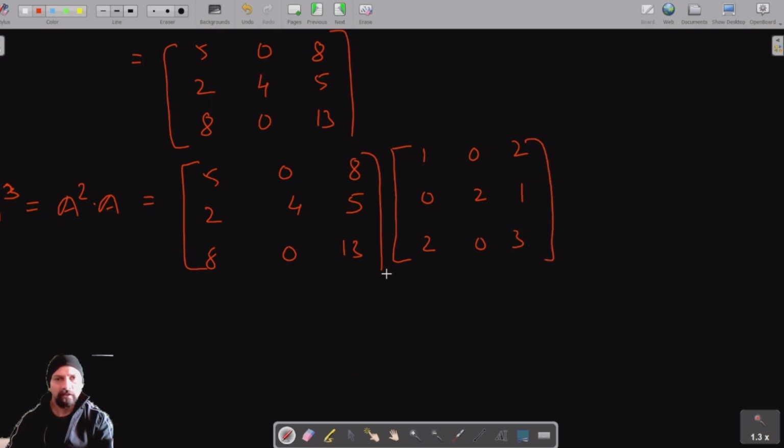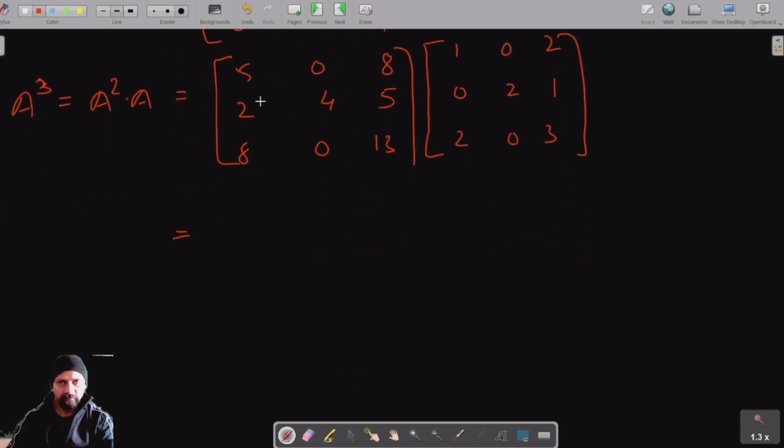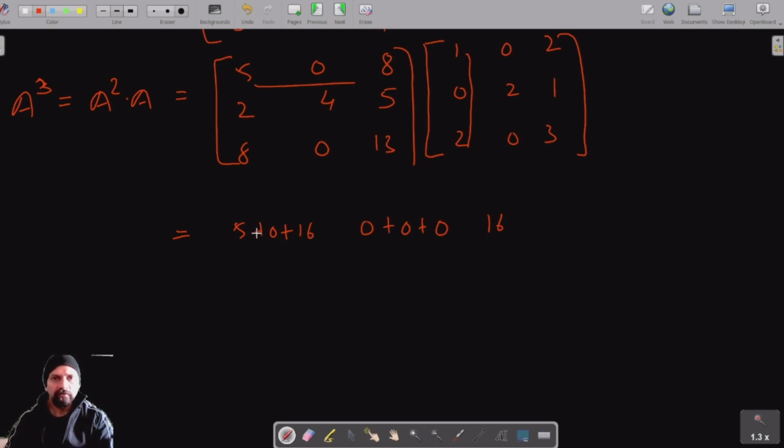Okay, and if you multiply this, the first row, first column is 5 plus 0 plus 16. Second column is 0 plus 0 plus 0. And the last one, 5 twos are 10, so this is 10 plus 0 plus 24.